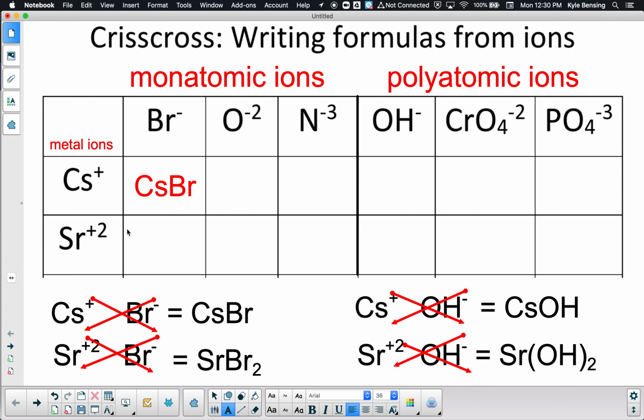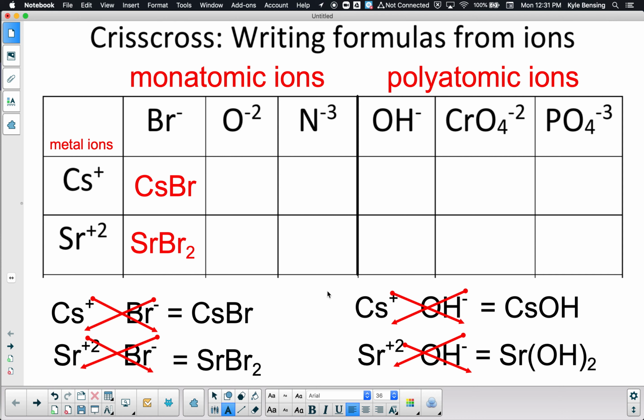So if I go back to do this again, like this, I would write Sr, Br, and then I have to come down here to do my little subscript, and I put a 2 in there. So SrBr2. Remember that 2 comes from the plus 2 from strontium. Okay, if I'm doing the same thing here, now look how it goes.